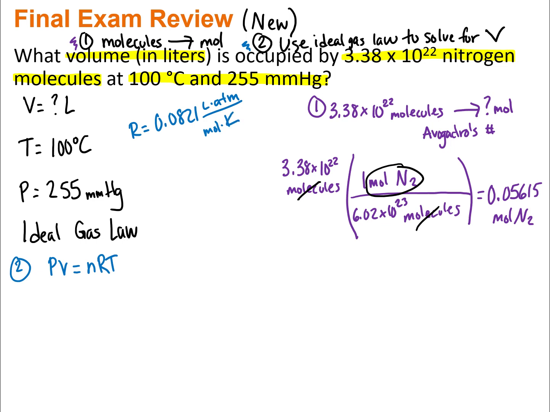We have to solve for V. Divide both sides by P. Then you put in all of the things that you know.